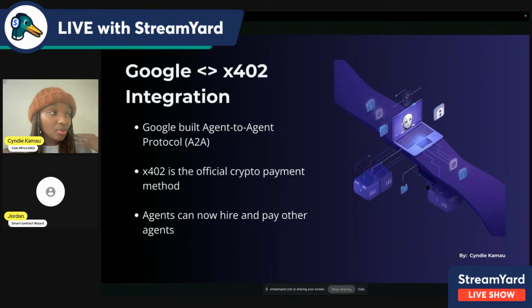Let's say I'm building a shopping agent, and the shopping agent talks to a recommendation agent to give it recommendations or data, like what shops are around this region of Nairobi. Agents can communicate with each other, and then the x402 system comes in with the payments. In case payments are needed, they can settle it.